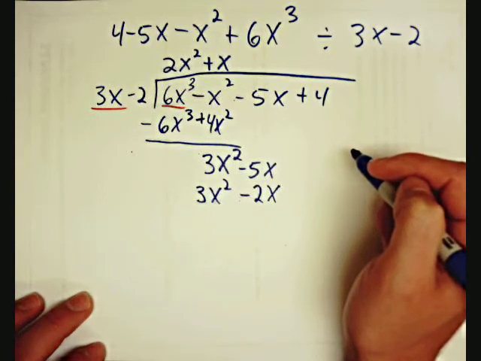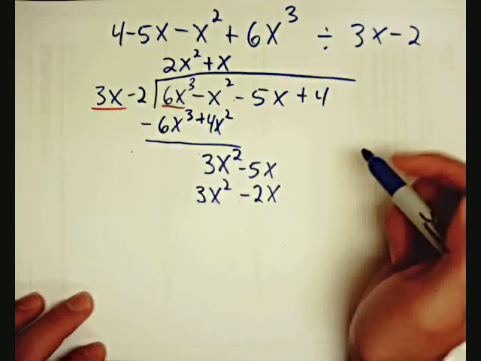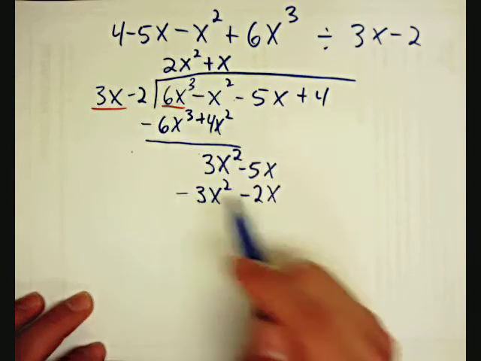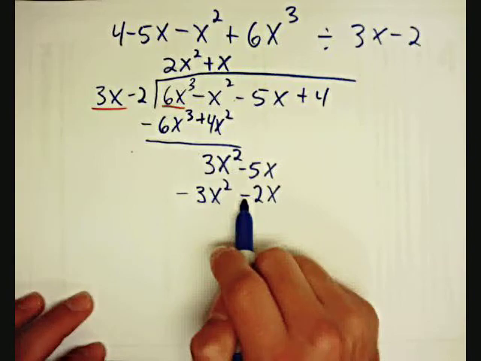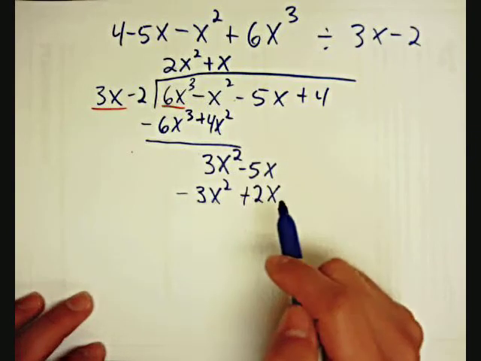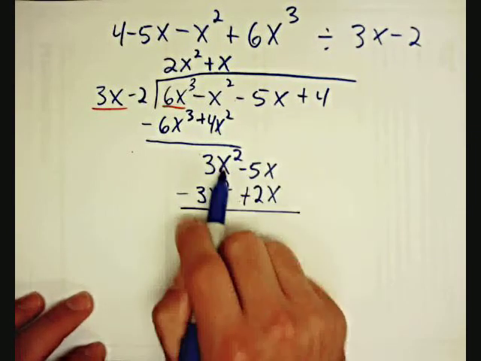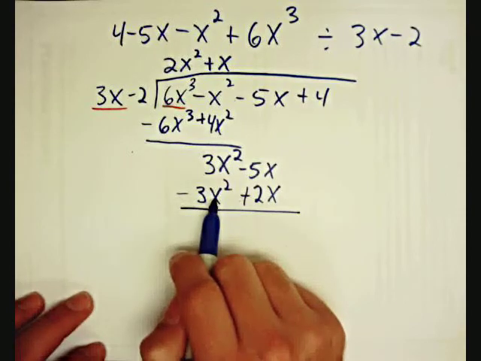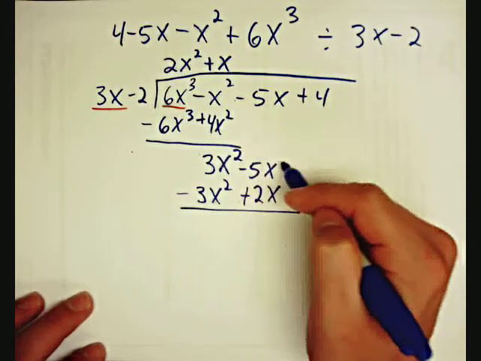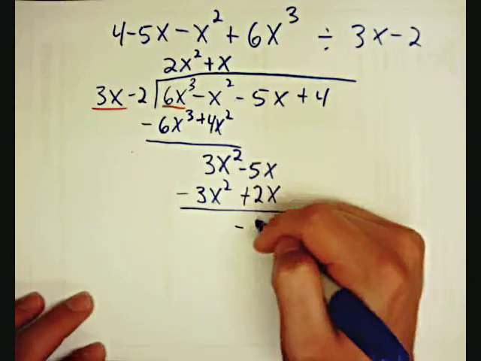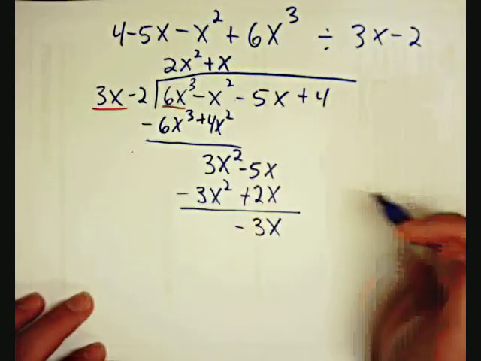Okay, and then when we go ahead and subtract, minus 3x squared, and subtracting a negative 2 becomes plus 2. 3x squared minus 3x squared is 0. Negative 5x plus 2x is minus 3x.